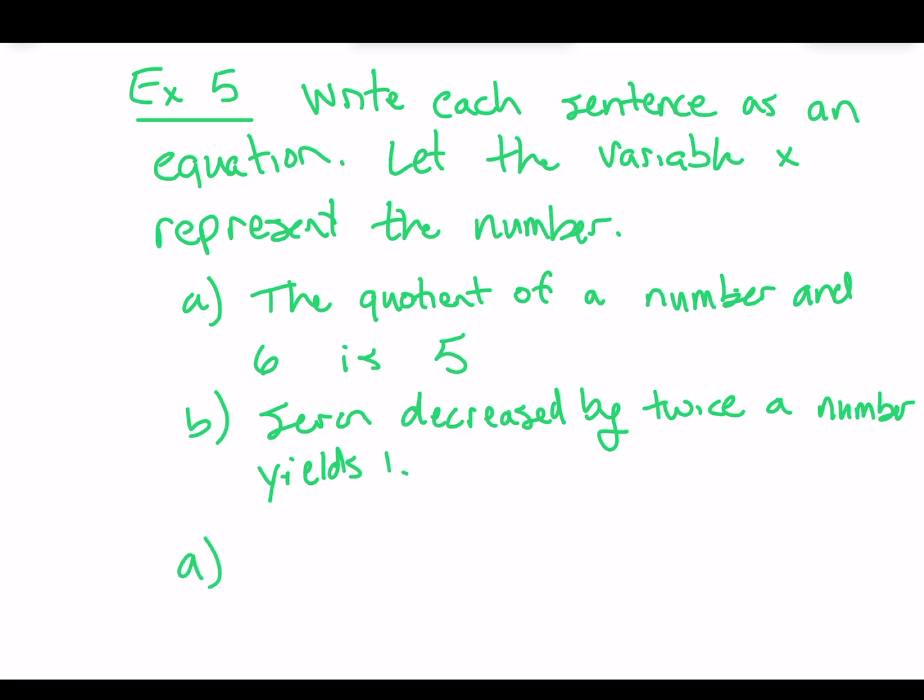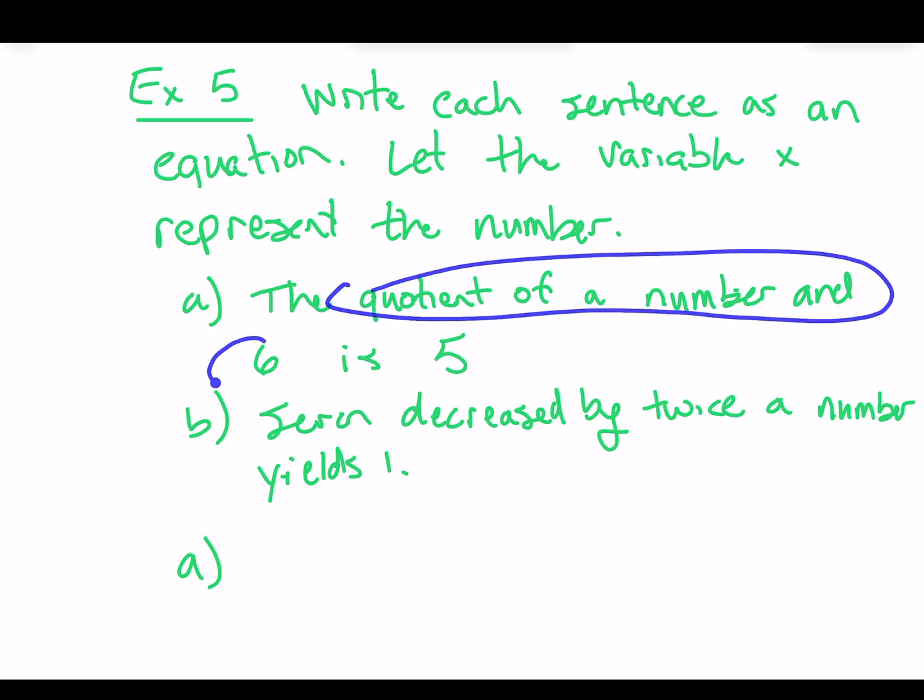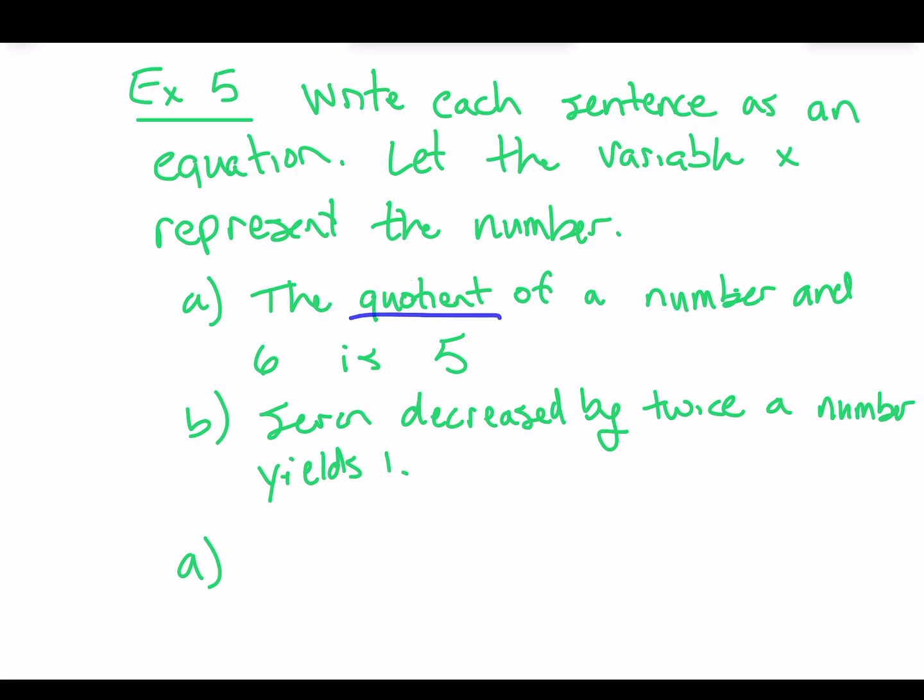So for the first part, we need to notice that we have the quotient of a number and 6. So the quotient of a number, so that's x, divided by 6. And then we have the word is. Remember back to the previous slide, is represents the equal sign. Is 5, so equals 5.